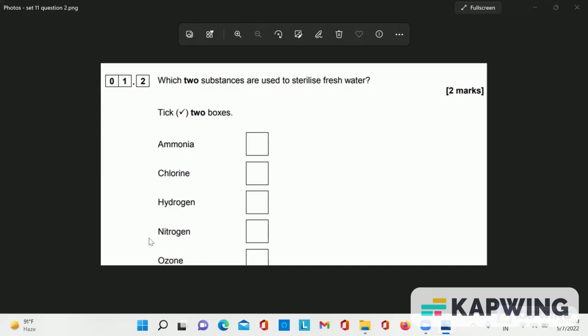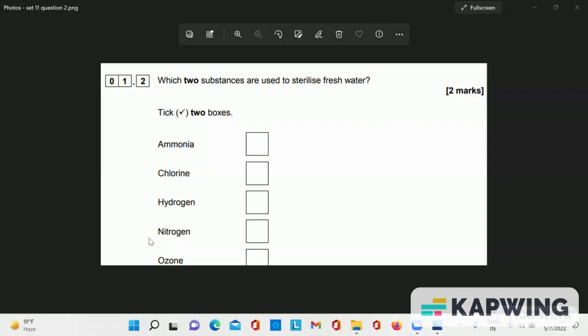So definitely one option will be chlorine. Among the other options, my second option will be ozone, because ozone is also used as a disinfectant. It can also be used to sterilize fresh water. Thus, the two substances which we can use to sterilize fresh water are chlorine and ozone.